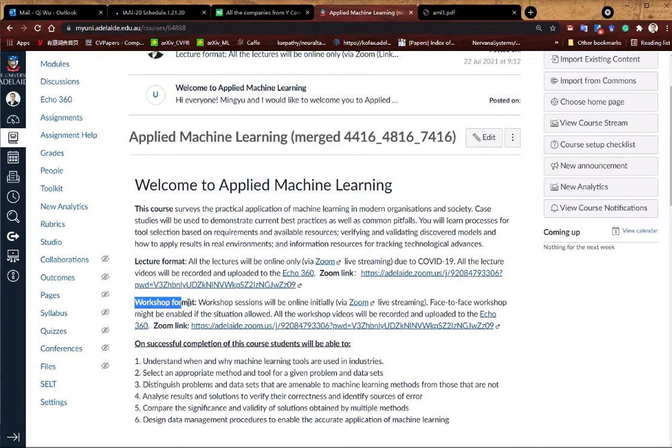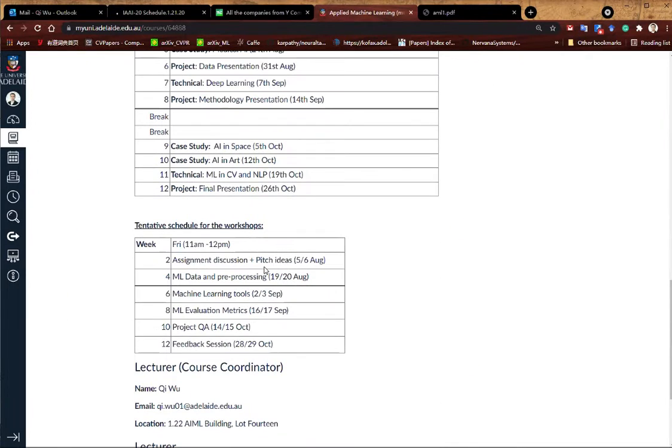For the workshop format, I simply listed it as Zoom, but because our first workshop will be on the 5th of August, I guess we will go back to the lecture room in August.